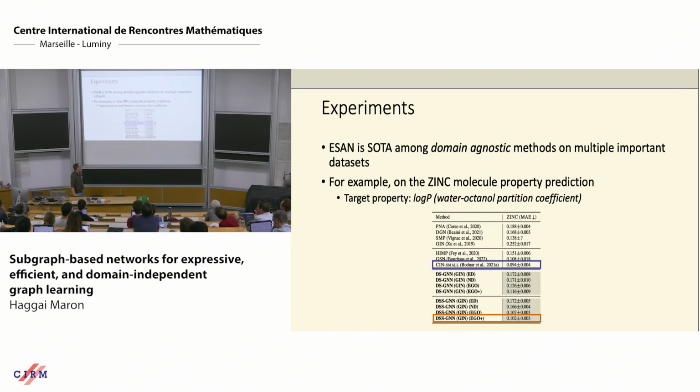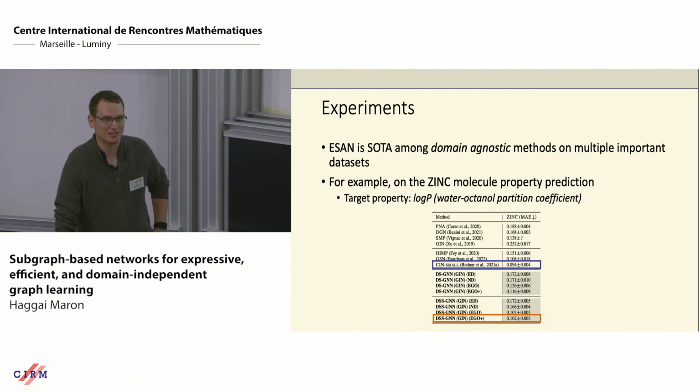We found that the ego policies work particularly well for molecules. I'm not sure if I have a good explanation for that. Maybe we should ask an expert. But I think this is a limitation of this method: the fact that there are some predefined policies and you need to choose one of them.